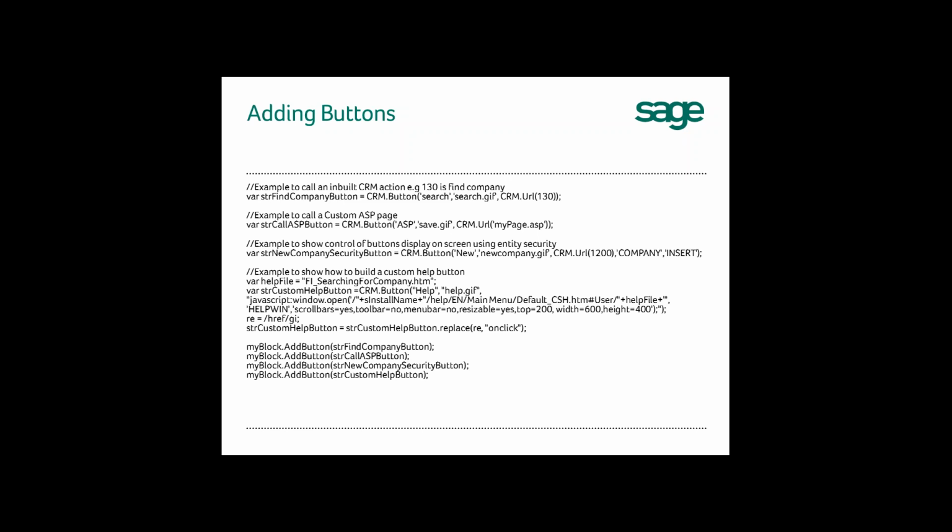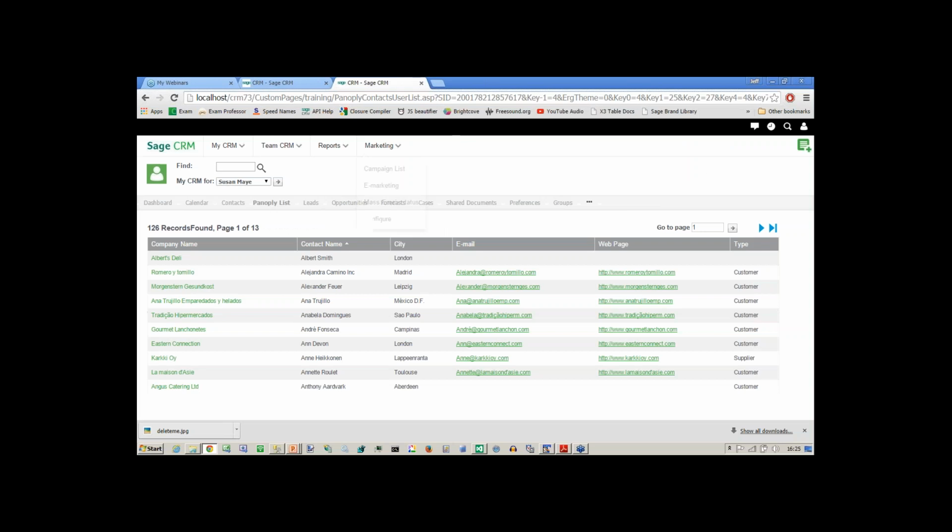So that 130 represents a system action that is being called, and the system action 130 happens to be find company. Remember, any action inside CRM has got a system action associated with it.